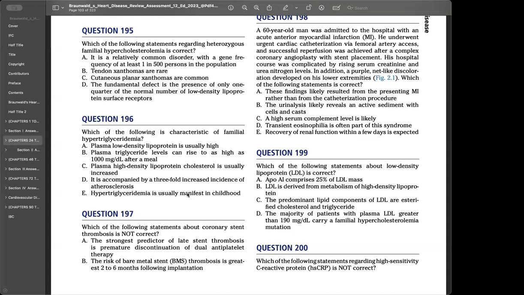It's an autosomal dominant disorder characterized by elevated levels of serum triglycerides, like I said earlier on. Another thing we want to know is that, like I said, it is inherited via an autosomal dominant pattern.